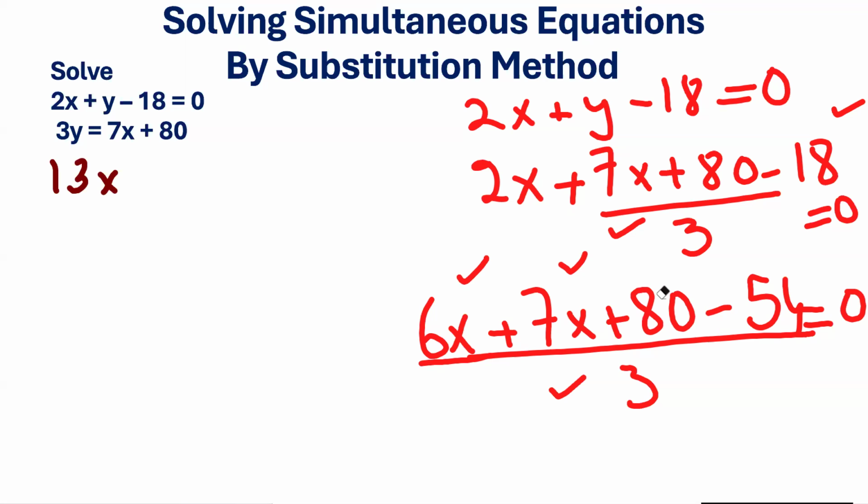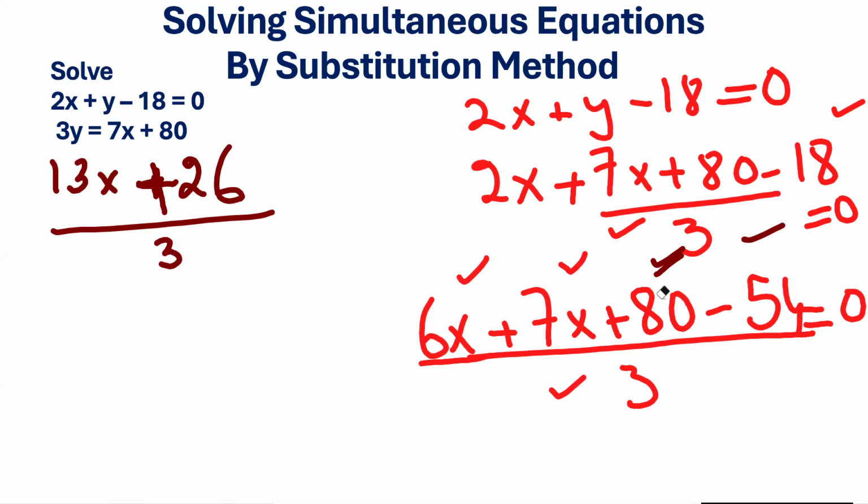Now 80 and 54, 80 minus 54. These are the constants. 80 minus 54 will give you 26, plus 26. Why plus? Because the sign of the bigger integer will come, and 80 is bigger and has a positive sign, so that is why positive is there in the answer.